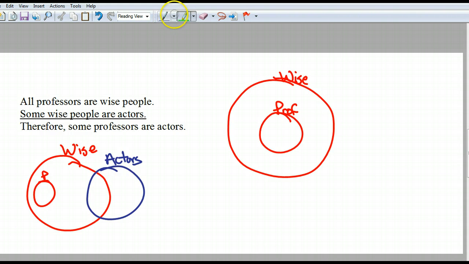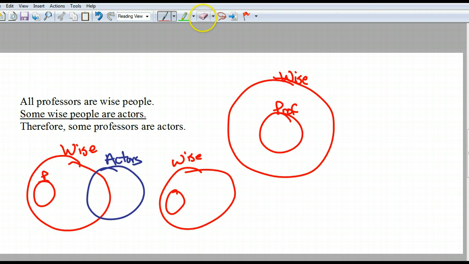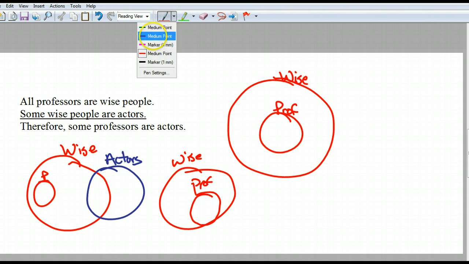Okay, so let me go back and make another possibility. I could have this. Wise. And then I could have my profs actually touching the side here. And then I can actually have my actors going through both.